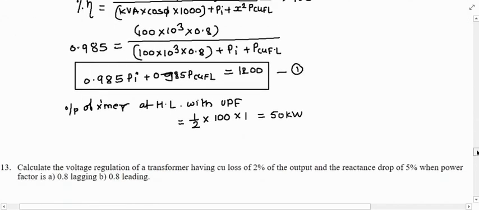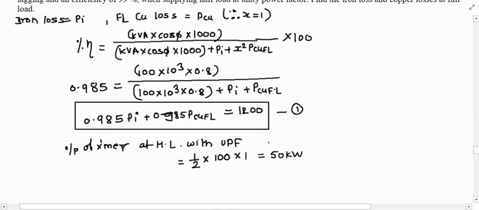So now the efficiency is again given to you as 99%. From this again I will write the second equation. How to write it? Again we will see what the efficiency formula is. So what is the efficiency given? 0.99. 99% means 0.99 into output, or kVA into cos phi.